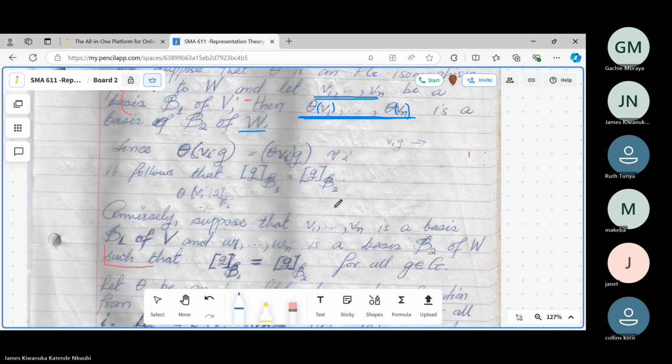Now, there's a big story here that is being skipped. I don't know whether I should let you find it or I should cover the story.